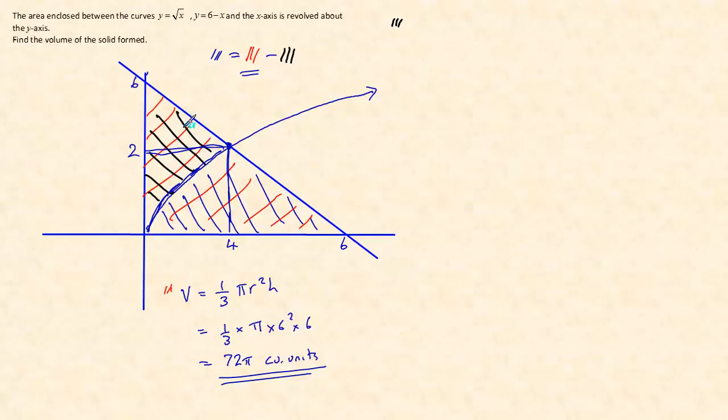Now this one isn't too bad because we can see that that also is a cone with a height of 4 and a radius of 4. So that's going to give us 1/3 times pi times 4 squared times 4. So that's 64 pi by 3.